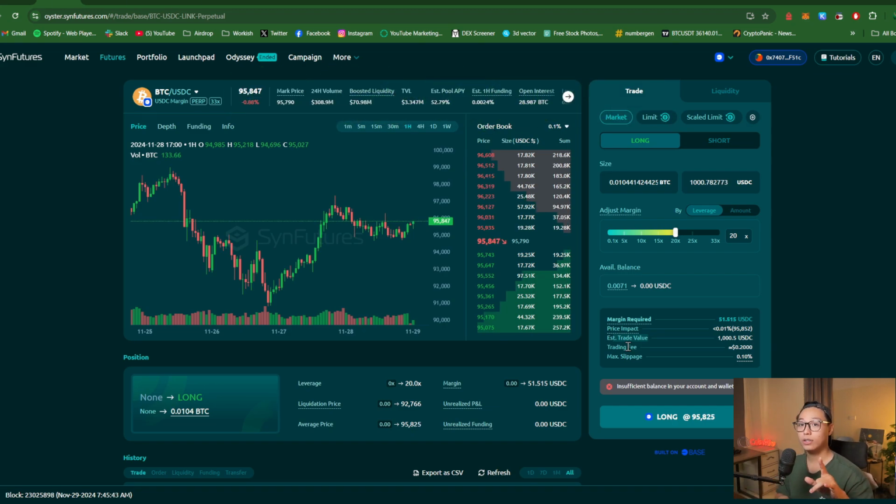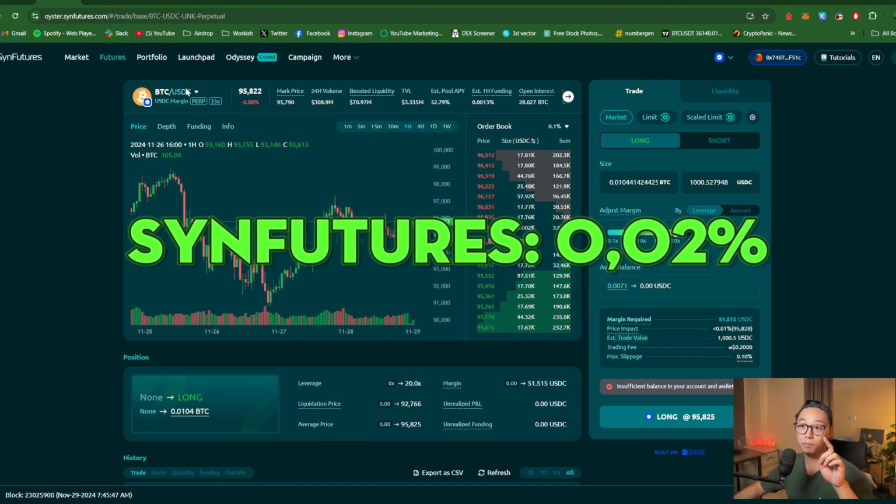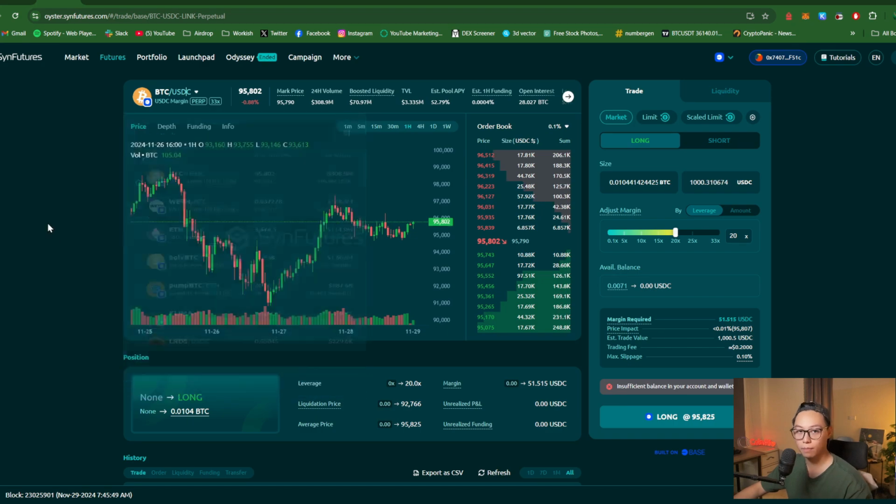On SynFutures, the trading fee is only 0.02% on Bitcoin pairs and on Ethereum pairs, because they have an incentive program to lower the fees for a certain period of time. I don't know when it's going to end, but for now, they are the cheapest at 0.02%. That is crazy cheap. I found another perp DEX that has 0.05%, but that's the lowest that I can find. SynFutures, 0.02%.